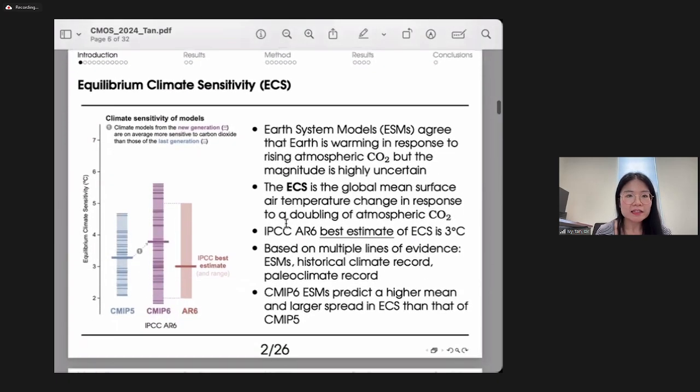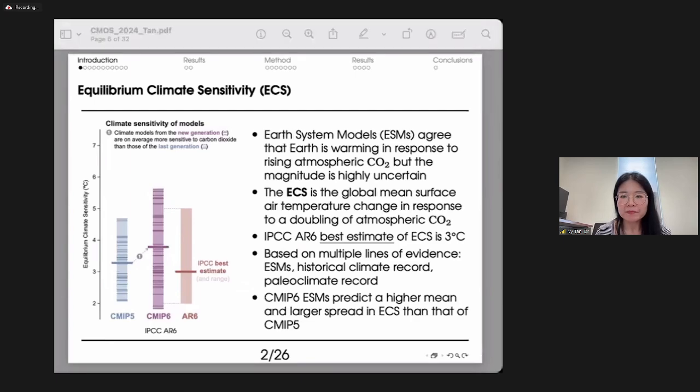Interestingly, the CMIP6 models, which are the newest generation of Earth system models participating in this international intermodel comparison project, went into the best estimate in the IPCC report, and they exhibit both a higher mean and a larger spread in these ECS values compared to the previous generation of climate models that participated in CMIP5.